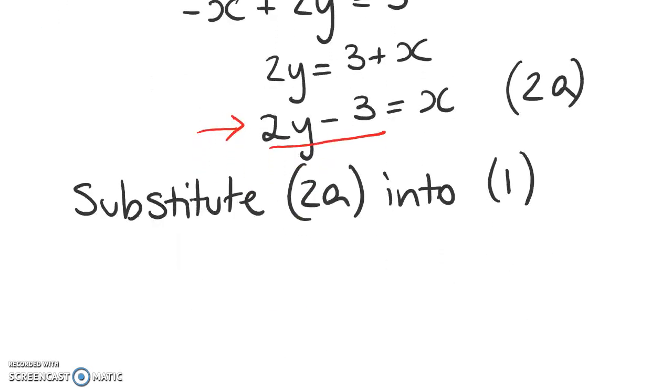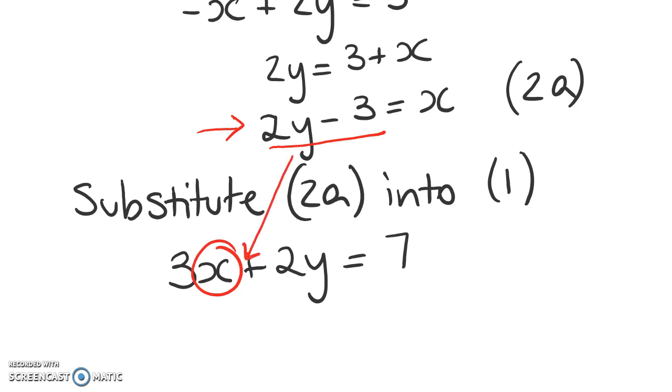For 1, we had 3x + 2y = 7. Like I said, we'll substitute in this value for x here.